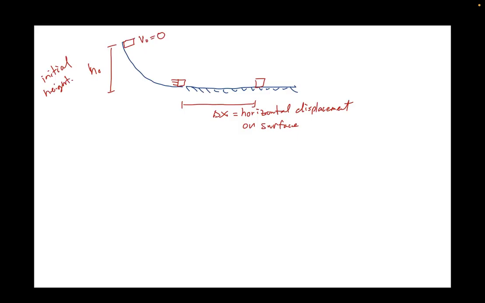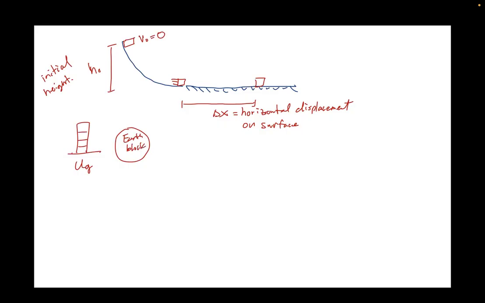Perfect. Okay, so if we're thinking a little ahead here, we're going to start out with some initial gravitational potential energy. If we draw an energy bar chart here, we'll have some gravitational potential energy, for the system of the Earth and the block, which means our initial kinetic energy is going to be 0.